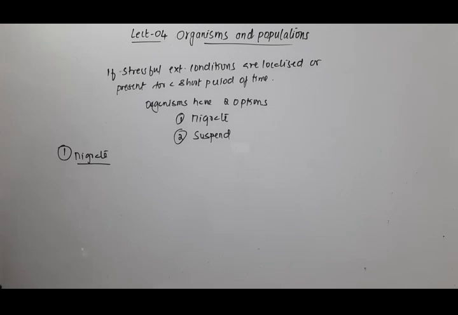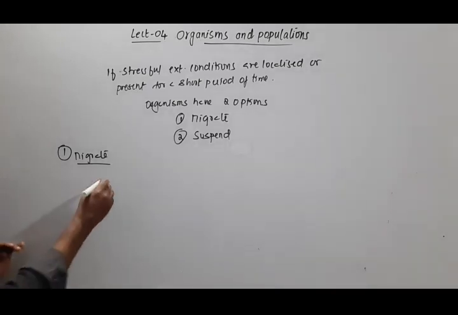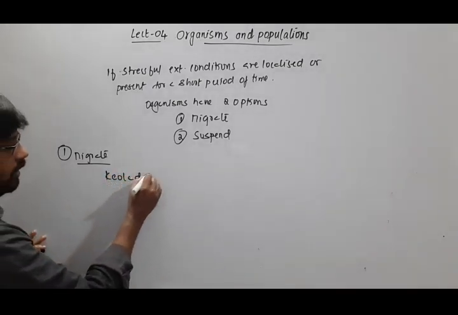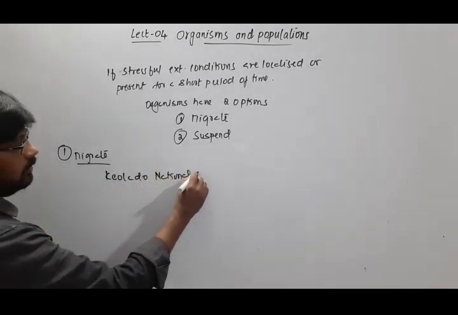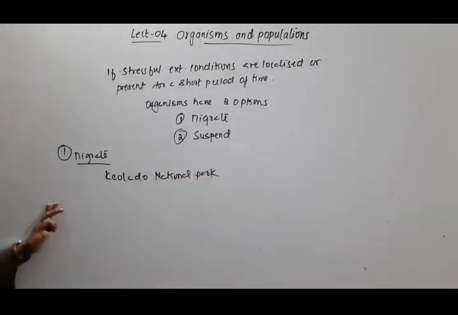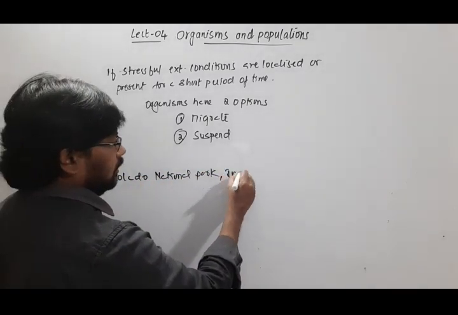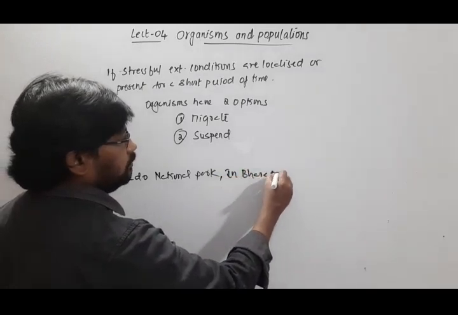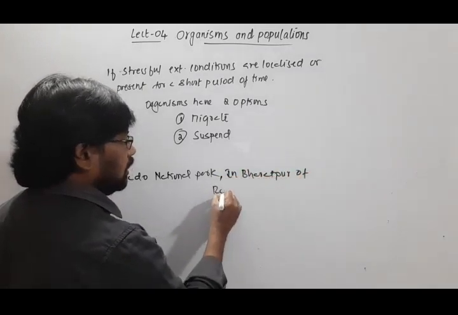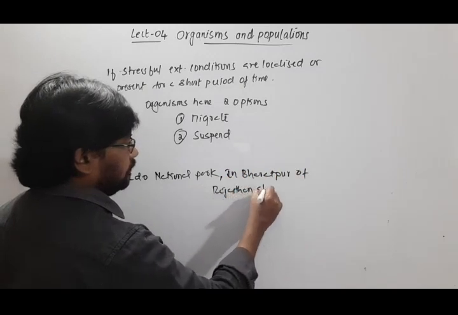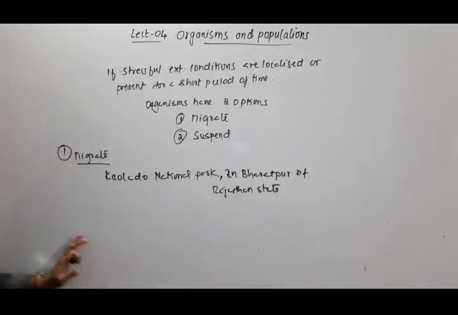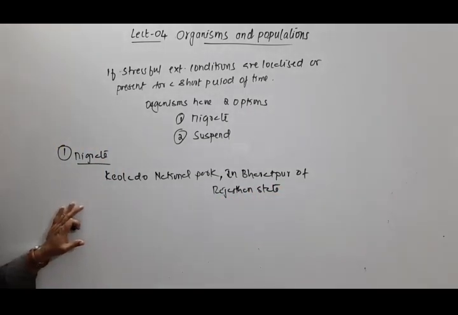Here we have one famous example for this: every winter, Colorado National Park, which is located in Bharatpur of Rajasthan state.